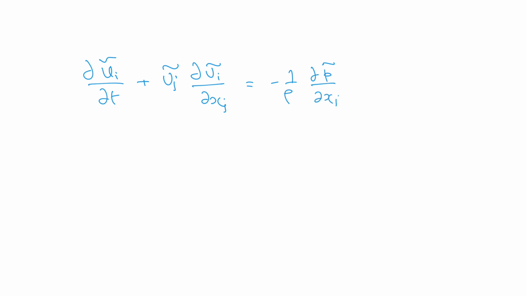So ∂ũi/∂t + ũj ∂ũi/∂xj equals minus 1 by rho ∂p̃/∂xi plus nu ∂²ũi/∂xj∂xj.